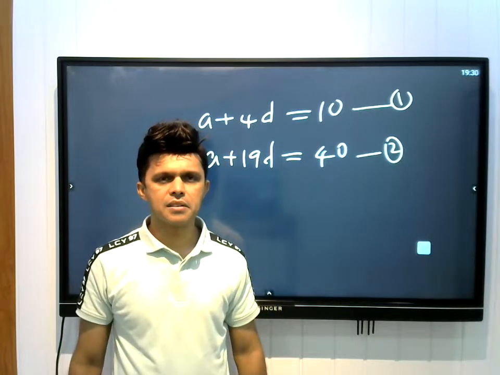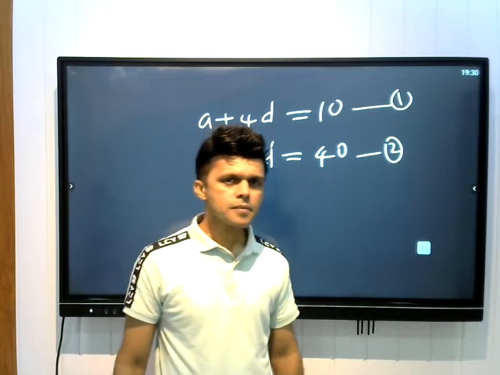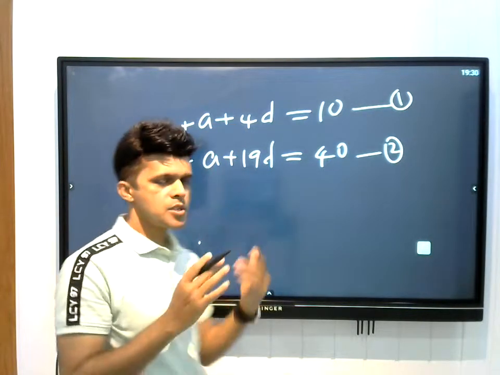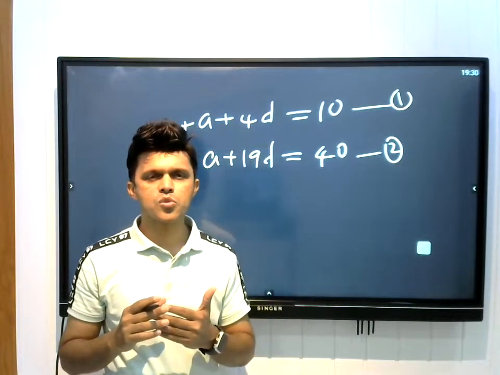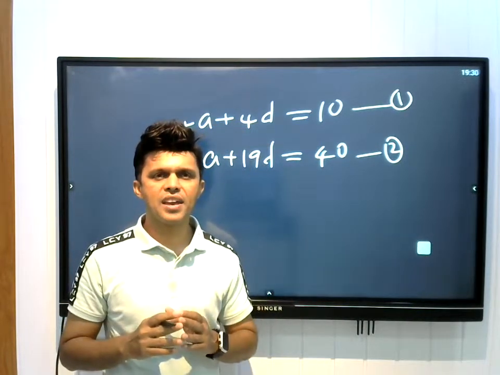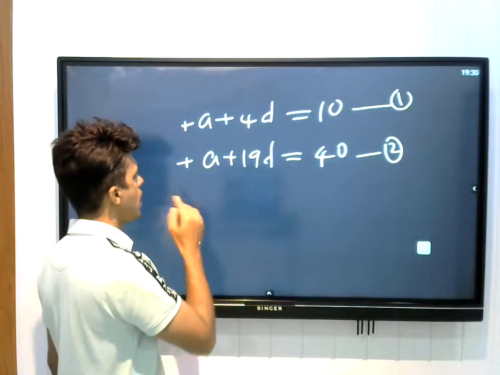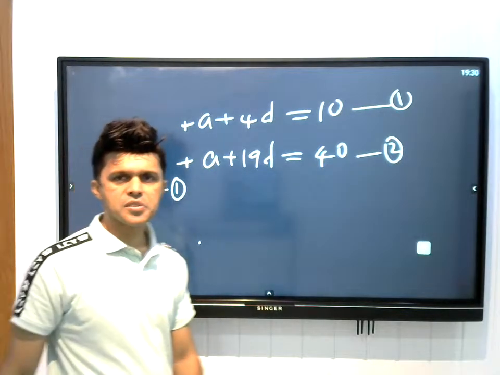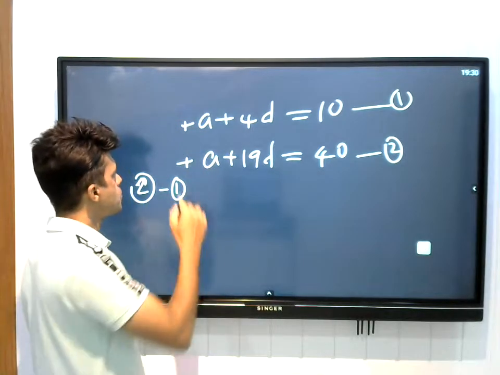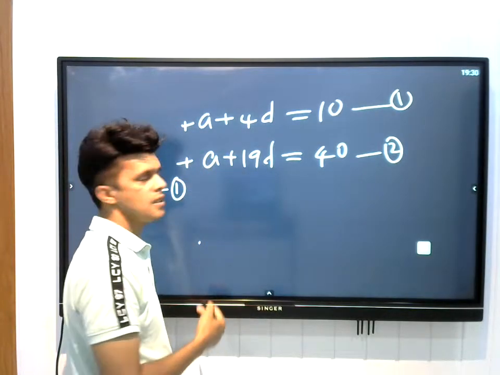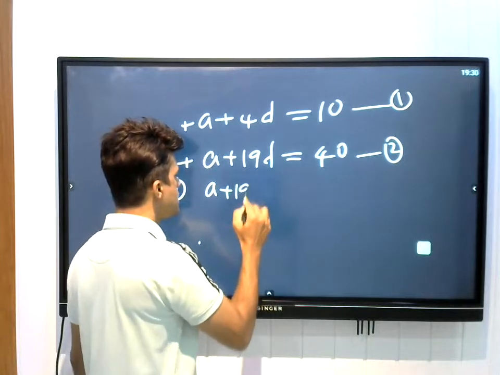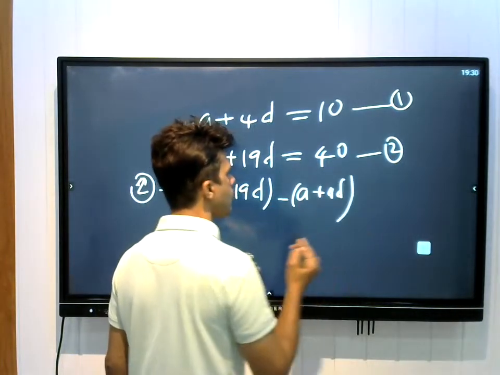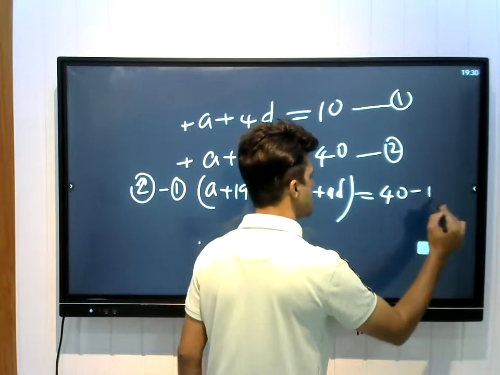These are simultaneous equations. How can you do this? Using the knowledge of simultaneous equations, you could subtract the first equation from the second equation to remove the term A. So A plus 19D minus (A plus 4D) equals 40 minus 10.